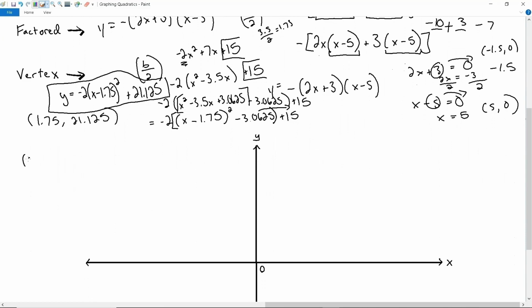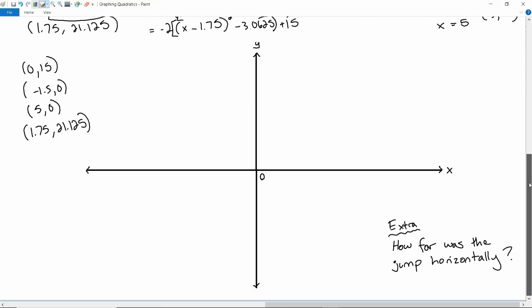So I know we have 0, 15 for our y-intercept. Our zeros from our factored form were these two. And then finally our vertex is this. So that should be enough. First, I need to write out the numbers on my graph.